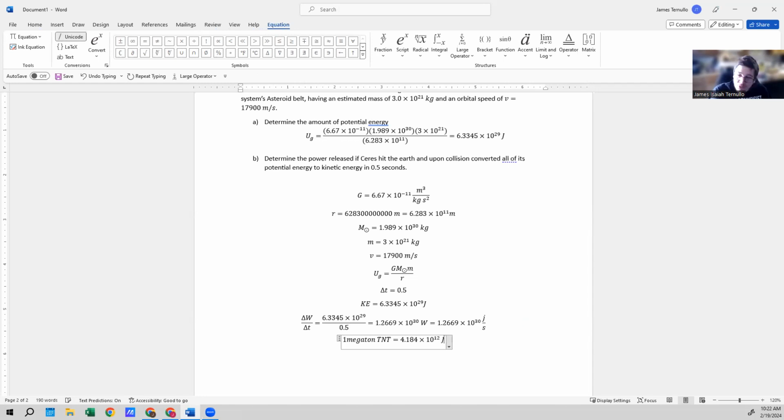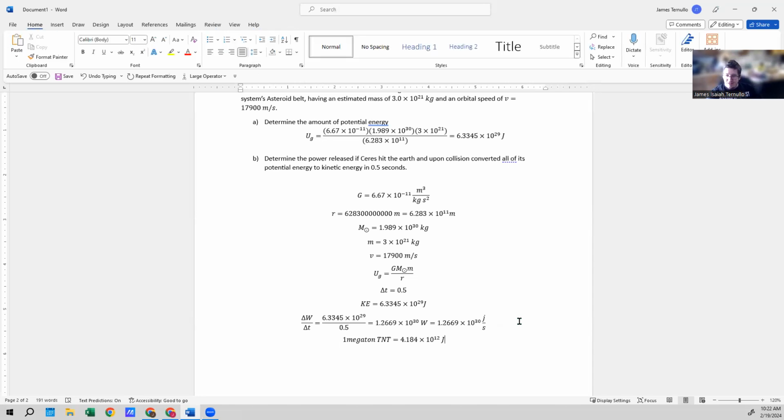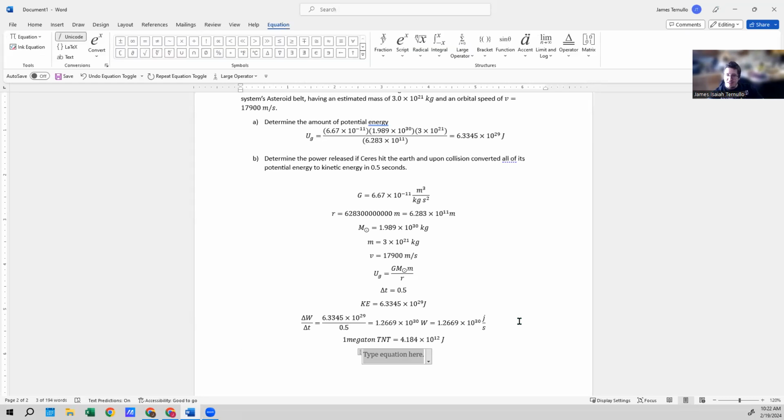So my math people out there that are very familiar with math can see that we have 10 to the 18 megatons of TNT. How did I get that? 1.2669. Let me make sure I get this.